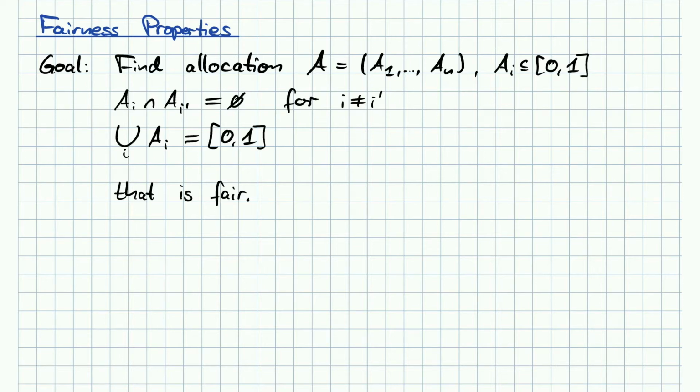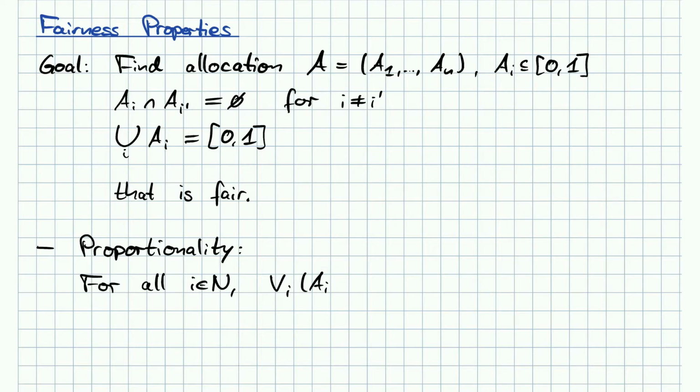But what does this mean, this fairness? Well, we could, for example, say it should be proportional. What does proportionality mean? It means that every agent thinks that they are getting at least a 1/n fraction of the cake.